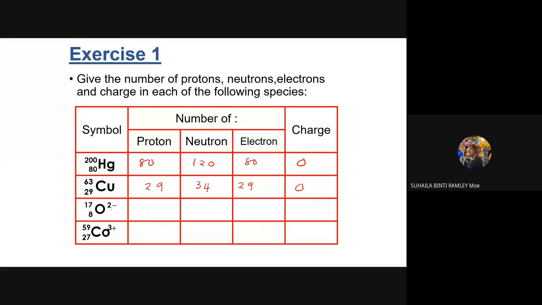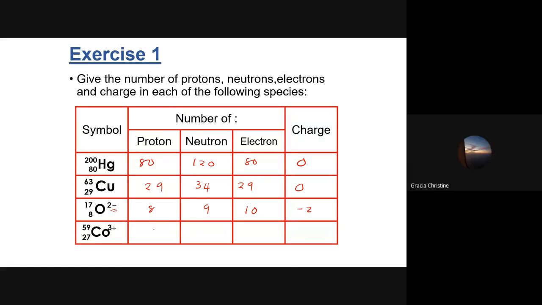Now we have oxygen 2 minus. Proton 8, neutron 17 minus 8, which is 9, electron 10. We have a negative 2 charge, so we have more electrons than protons: 8 plus 2 becomes 10. So the charge is negative 2.